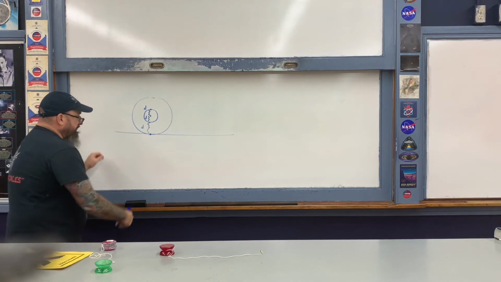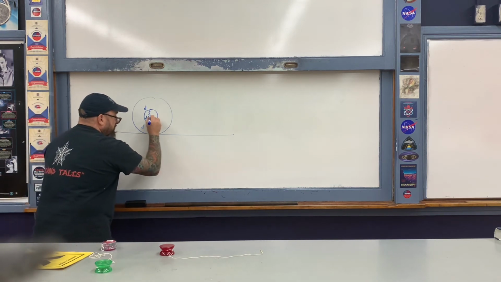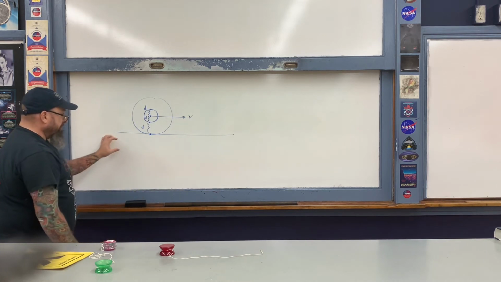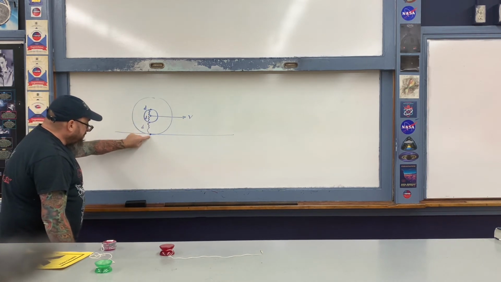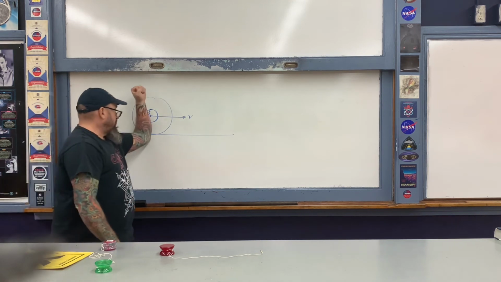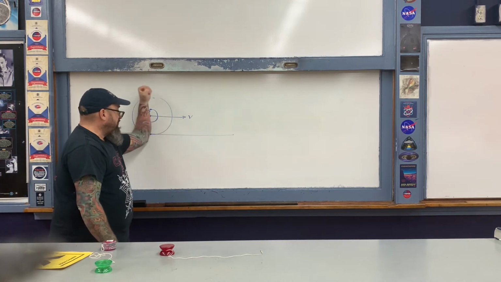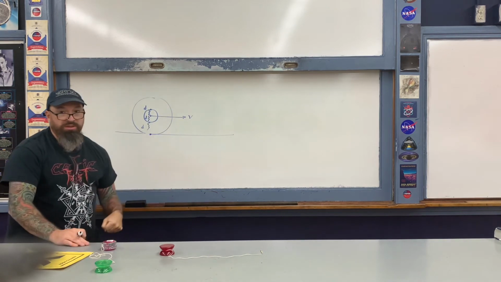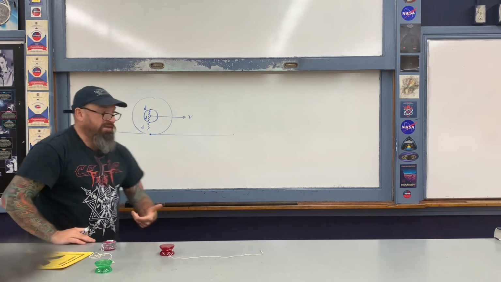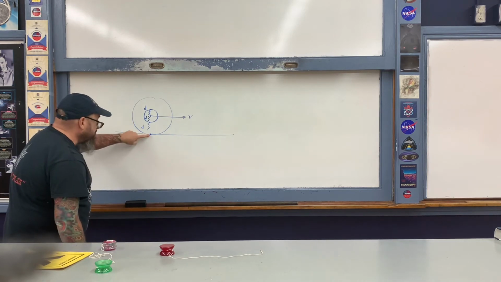And then let's say, for example, the speed of the yo-yo right here at the center is some speed V in this direction. Well, recall that if we think of this as the instantaneous axis of rotation, then as we rotate about that point, the angular velocity of all points of the yo-yo is the same. Therefore, the linear speeds have to be different at different distances from the instantaneous axis of rotation.